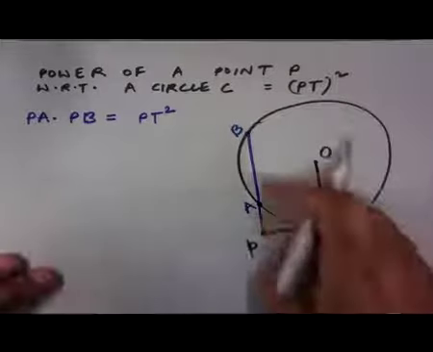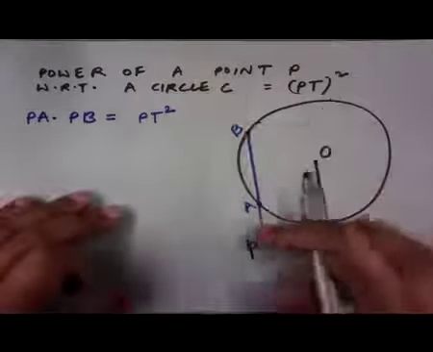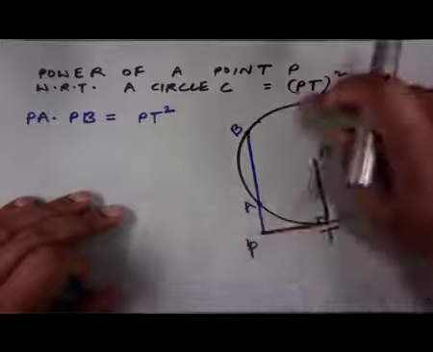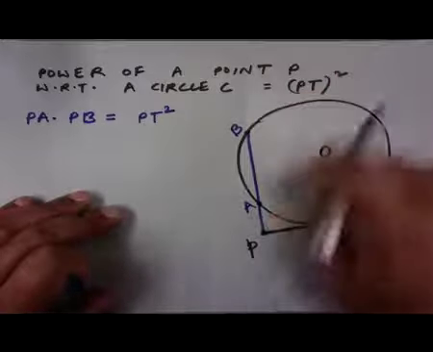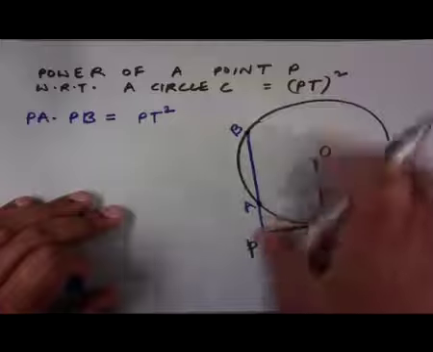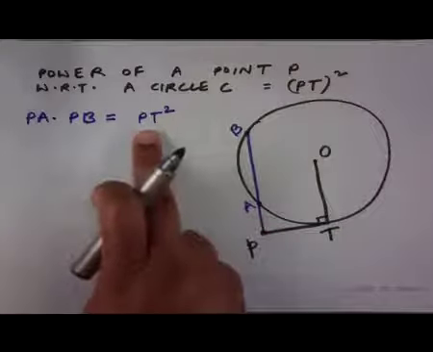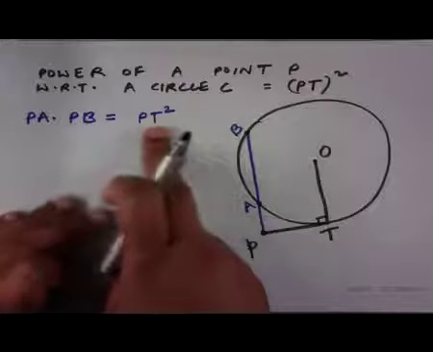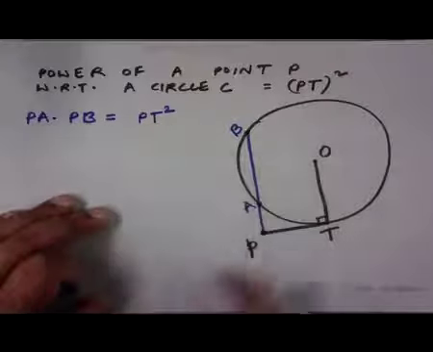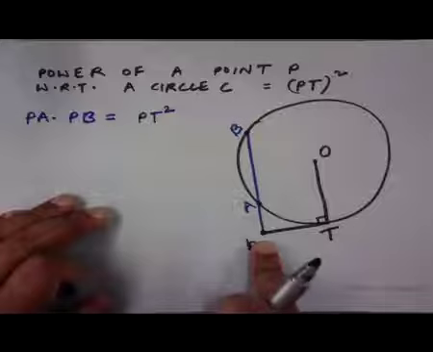And this is true for any straight line. So, even if I had drawn, let us say, another line like this, and if A and B were like this, then PA times PB would still give me the same value of PT square, because remember, this value PT square only depends on the coordinates of this point P.